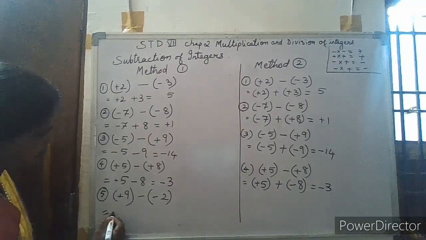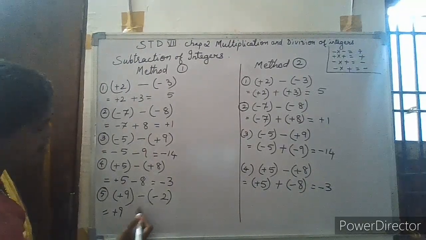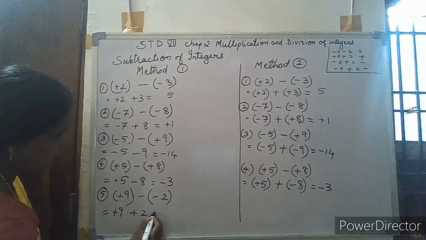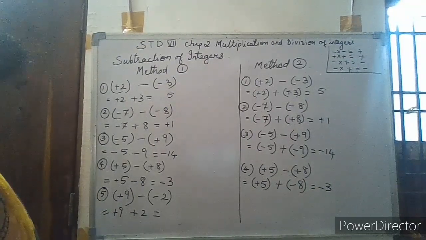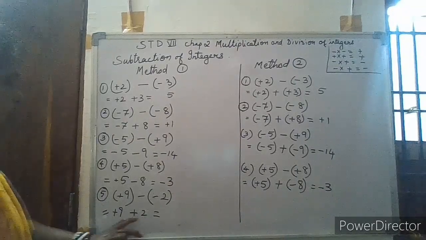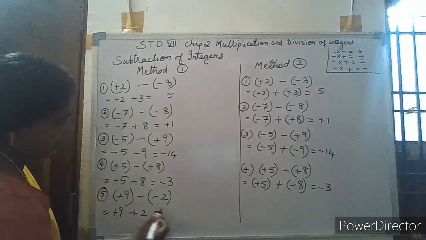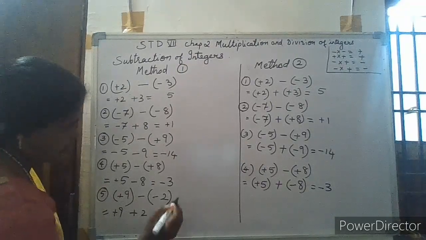Plus into plus is plus 9. Minus into minus is plus 2. Brackets are open. Now here both the numbers have same sign. Add and put the same sign. 9, 10, 11. So it is plus 11.